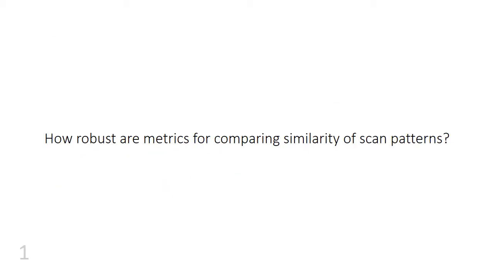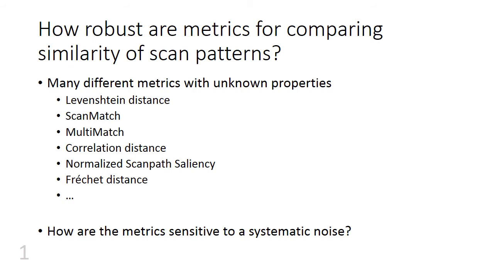Let's look at the first question: how robust are the metrics for comparing similarity of scan patterns? There are many metrics that could be used for scan pattern comparison. There were several published studies comparing the robustness of each metric for static tasks, but none of the studies for dynamic tasks.